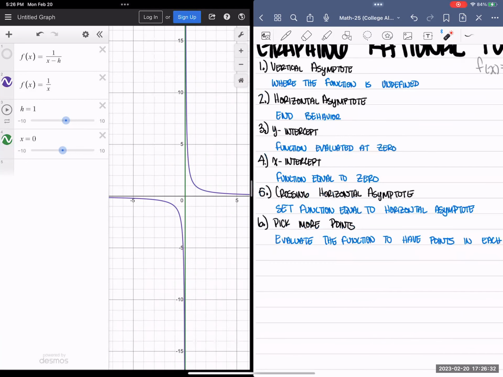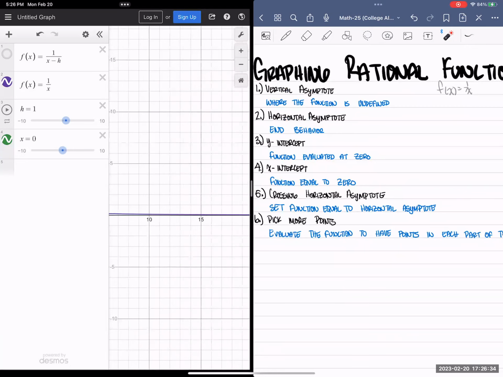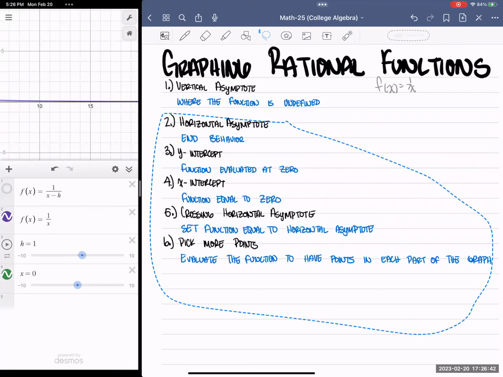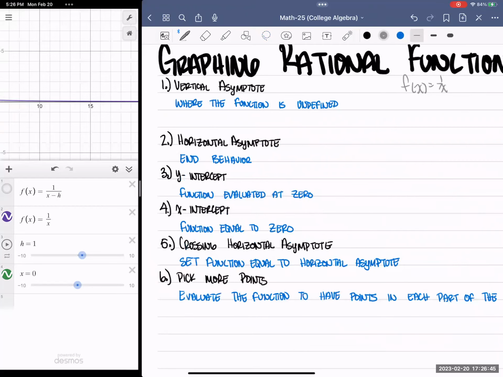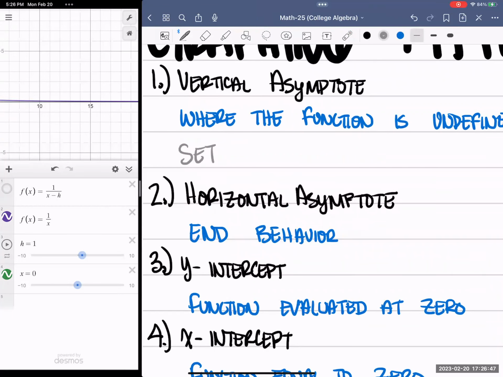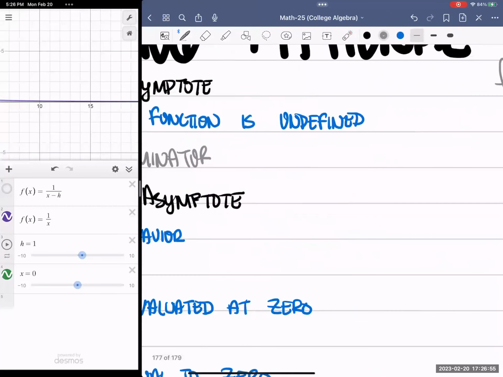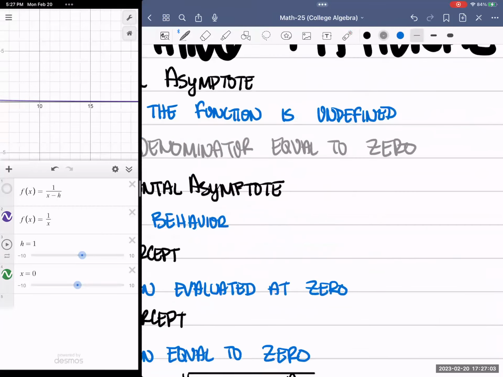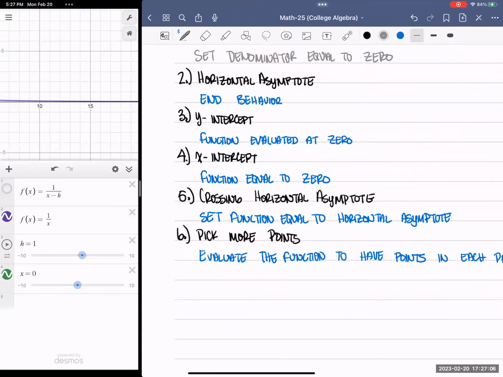So here, let's create a couple of rules. For the vertical asymptote, we set the denominator equal to 0. For the horizontal asymptote, it's determined by our end behavior.